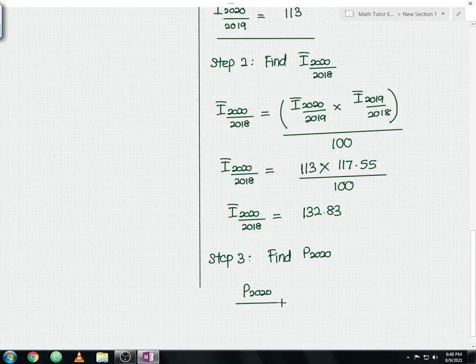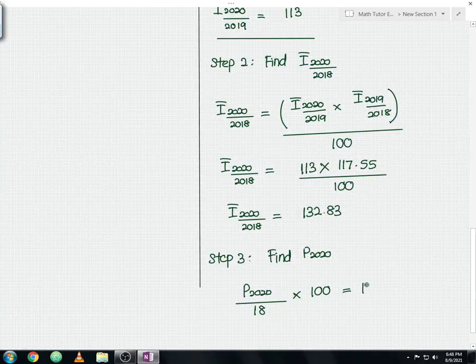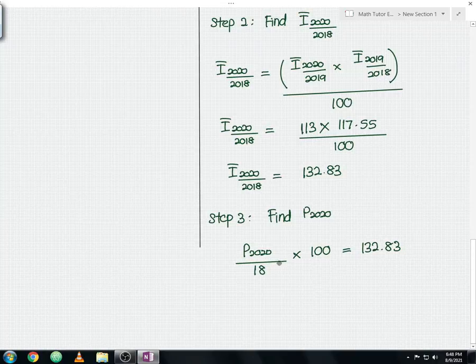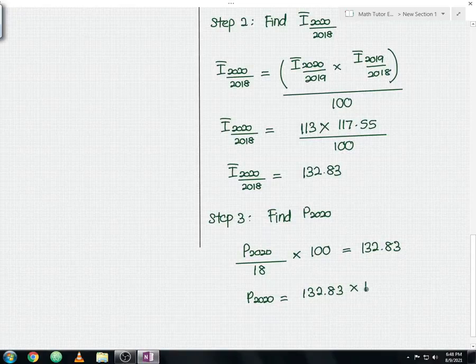In this case, price in the year 2018 is 18 ringgit, and you times with 100. So from here you should get your price index is 132.83. So in order to calculate the price in the year 2020 will be equals to 132.83, you times with 18 and you divide with 100.